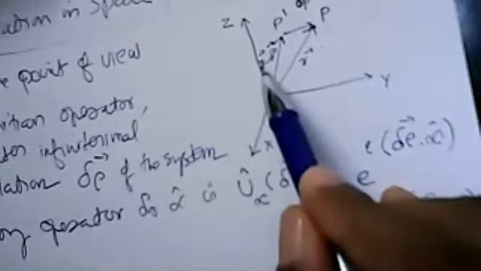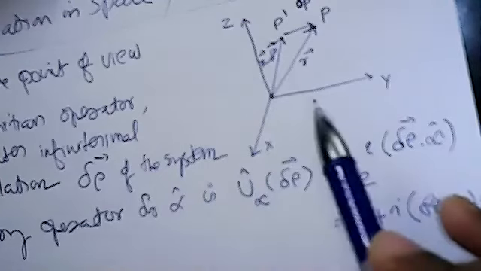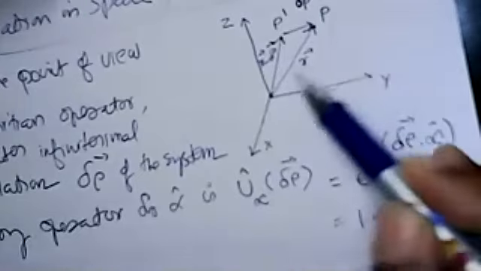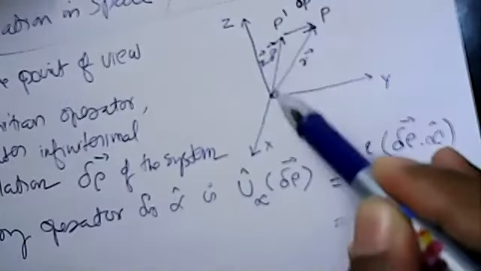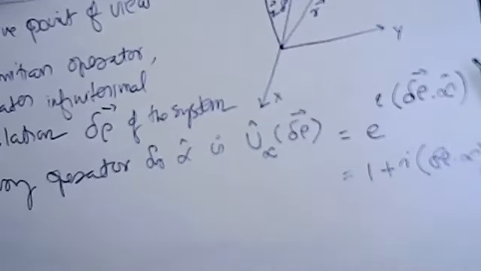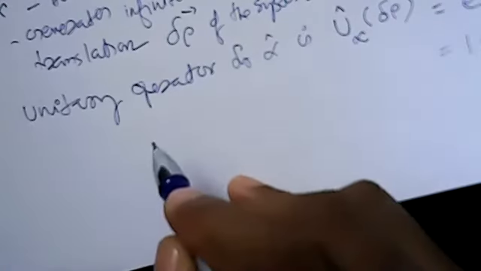Here actually R is final, and initial is R minus delta rho. Psi of initial position vector and final position vector. You can take this one as initial and this one as final, or the other way around, no problem. The sign in the exponential changes, plus becomes minus, like that. So consider the initial wave function, psi of R.